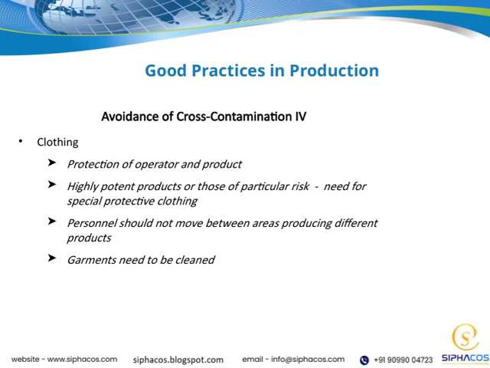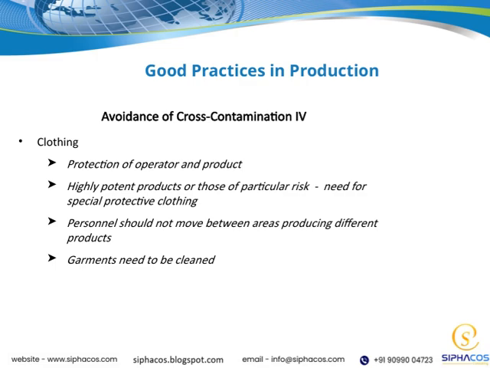Let's talk about avoiding cross-contamination through clothing. It's crucial to protect both the operator and the product, so proper attire is a must. When working with highly potent products or those carrying particular risks, we need to wear special protective clothing to prevent any contamination or exposure. Additionally, personnel should avoid moving between different production areas without taking proper precautions, as this can transfer contaminants.